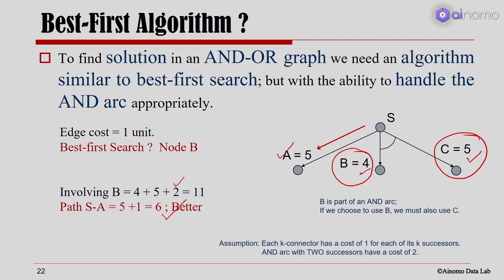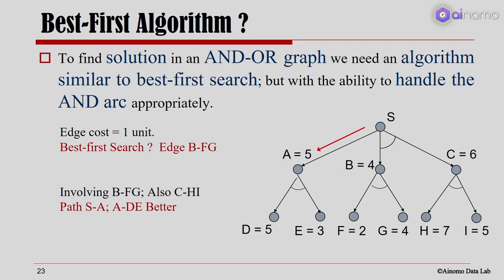Let us try to understand this with one more depth of search. Let us say now I expand node A and arrive at D and E. Node B is expanded to, let us say, F, G, C is expanded to H and I. Now, if you look at the edges, then possibly one involving B, F, G here has the lowest cost, because this would be 2 plus 4 plus 2, which is 8.